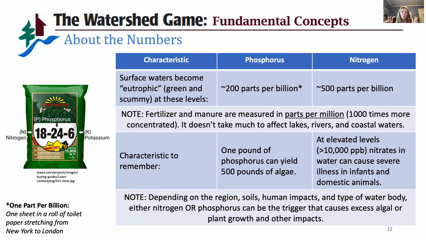So a eutrophic lake is one that's very highly productive and has the potential to have a lot of green, scummy algal blooms. For phosphorus, the amount that causes a lake to be classified as eutrophic is about 200 parts per billion. So that's not much. I mean, it's like one sheet in a roll of toilet paper that goes from New York to London. It's not much. For nitrogen, it's about 500 parts per billion.